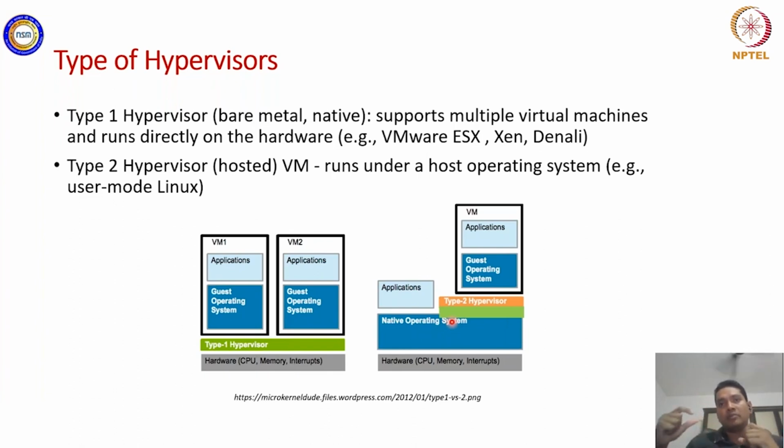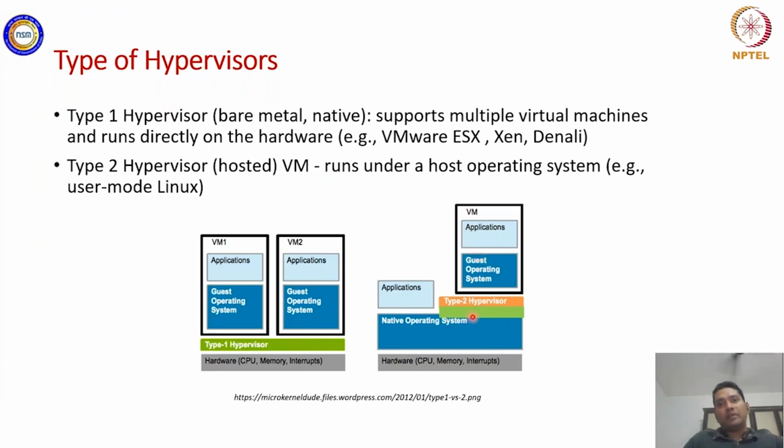So you write one kernel module inside the operating system to take over the privileges, that means to take over the control of all these modules inside your native operating system, and also provide some user level libraries or some links to run your user level applications, right? So now we have the type 2 hypervisor, which is hosted on the native operating system. That is why it is also called the hosted virtual machine.